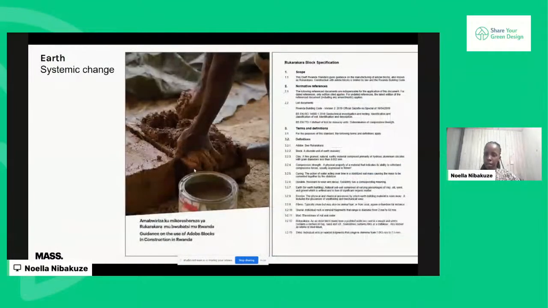In addition, we worked with the government of Rwanda on guidance on the use of adobe blocks in construction. This was banned some time ago, but it was brought back because it's an easily accessible and usable material, and also good for the environment.